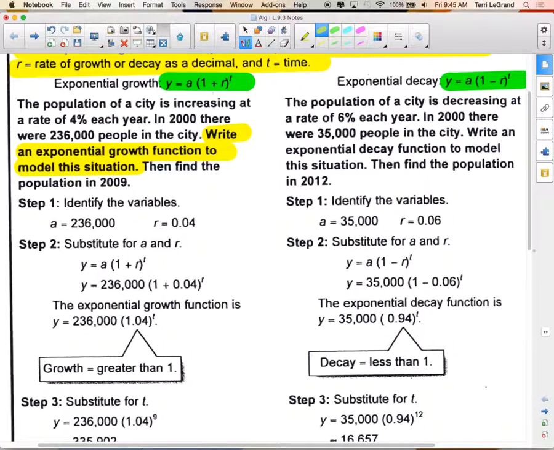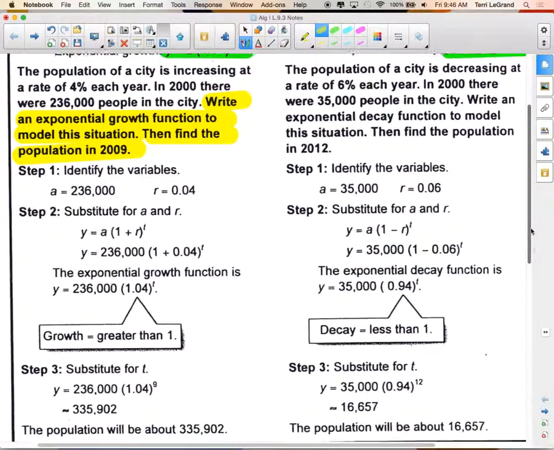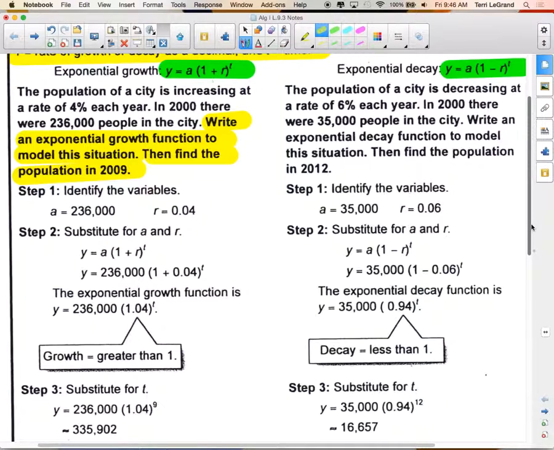So in other words, we could figure out the final amount given what amount of time there is for any particular situation. The model, and then it says, then find the population. So then is the second answer. Now use your model, given the information you have about either the final amount or the time, and get your final answer.